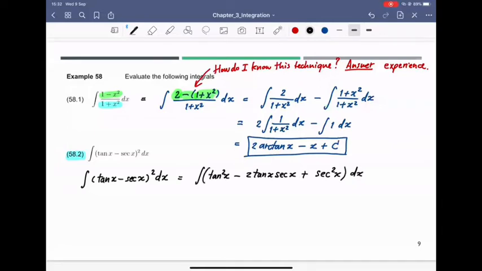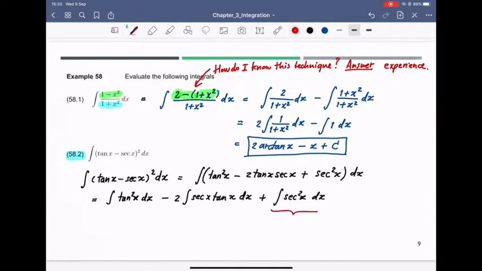After I expand this, I'm going to split it into 3 pieces. The first one is integrate tan square x, minus 2 times integrate secant tangent, and then plus integrate secant square x dx.